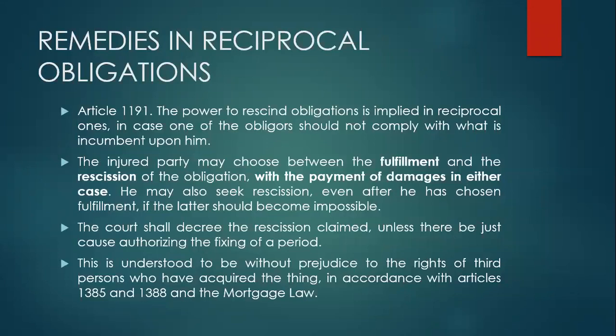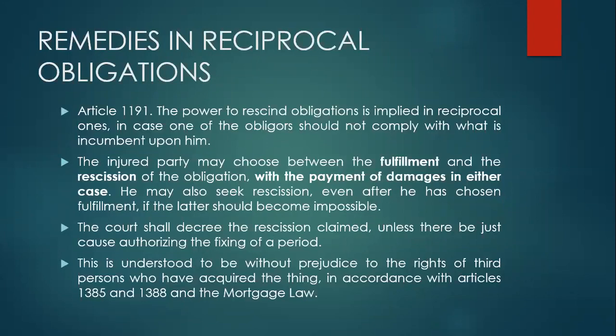So what are the remedies in reciprocal obligations? Now, under Article 1191, the power to rescind obligations is implied in reciprocal ones, in case one of the obligors should not comply with what is incumbent upon him. The injured party may choose between the fulfillment and the rescission of the obligation with the payment of damages in either case.